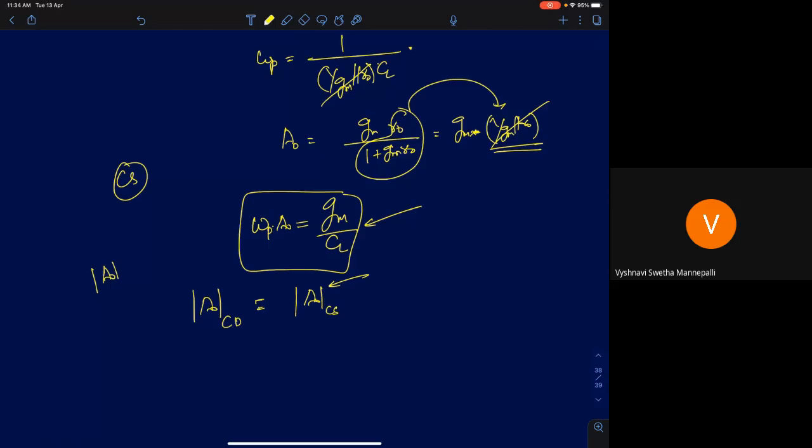If I take the gain of the common source amplifier and divide it by 1 plus GM R0, I get A0 of CD. So the common drain's gain is simply the common source's gain divided by 1 plus GM R0, a much smaller factor.